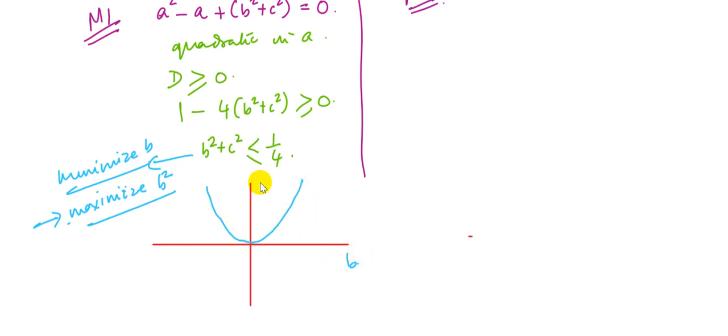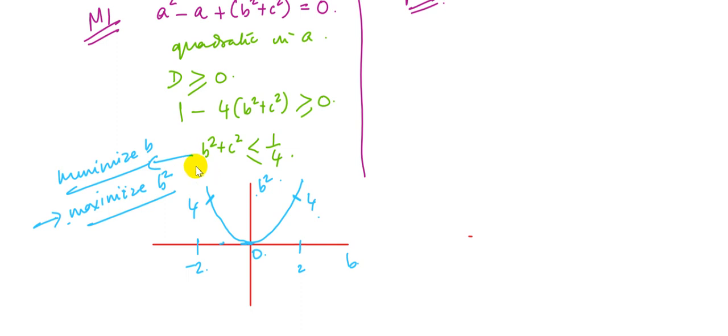The minimum value of b square is 0, and when b is negative, let's say when b is minus 2, b square is 4. Again, when b is 2, b square is 4. So you have to keep in mind that b can be negative also, not only positive.